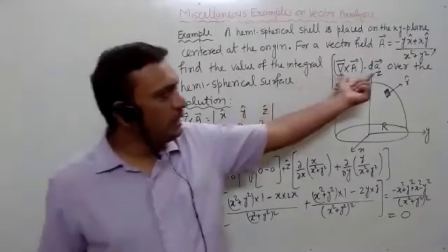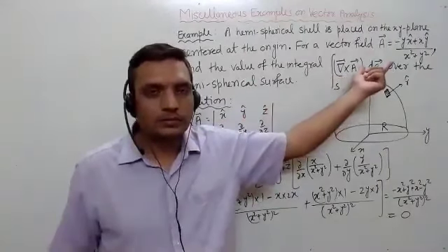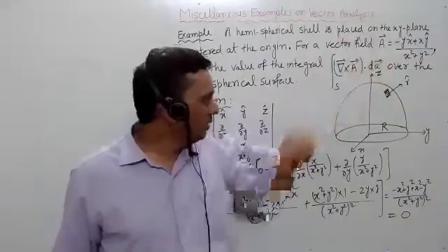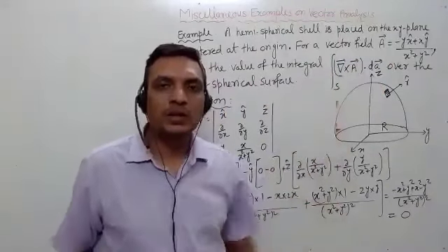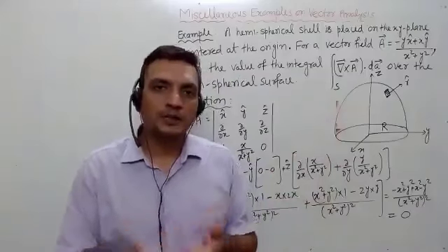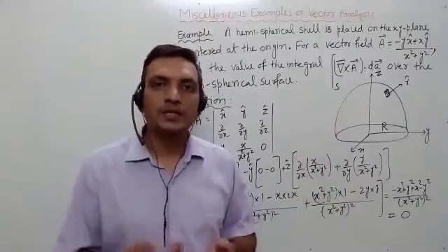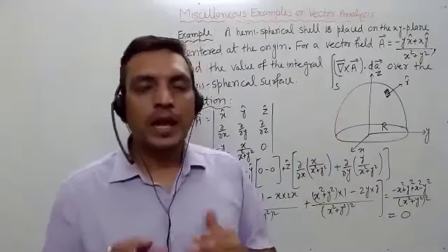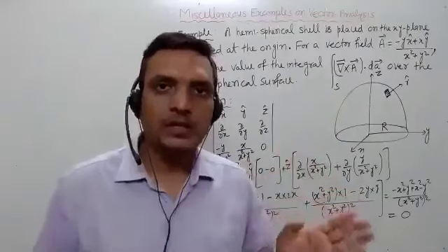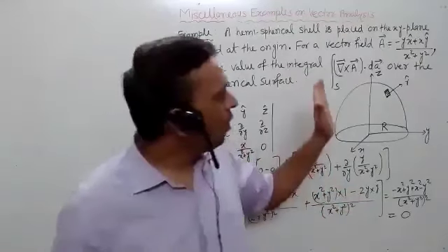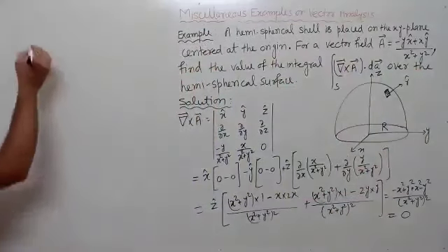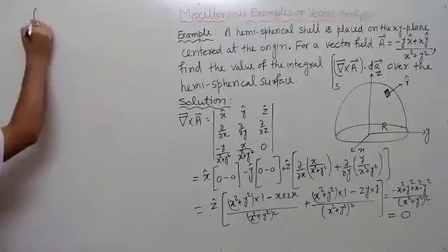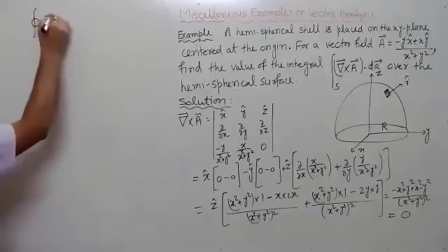So what will be this integral? According to this curl of A, this will be 0. But again, it may be a special case. So whenever divergence or curl is 0, and you have to verify divergence theorem or Stokes theorem, always check for right hand side. So in this case, right hand side will be closed A dot dl.